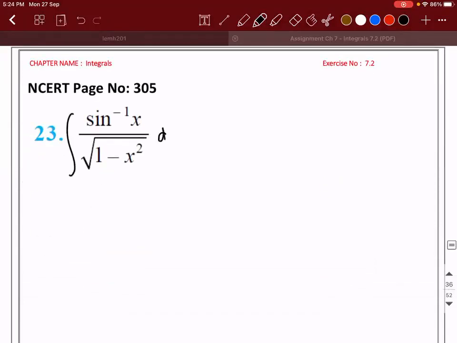Integral of sine inverse x by root of 1 minus x square. So what should we do? Derivative of which function is 1 by root of 1 minus x square? Sin inverse x, sir. So put sine inverse x as t, 1 by root of 1 minus x square dx is equal to dt.